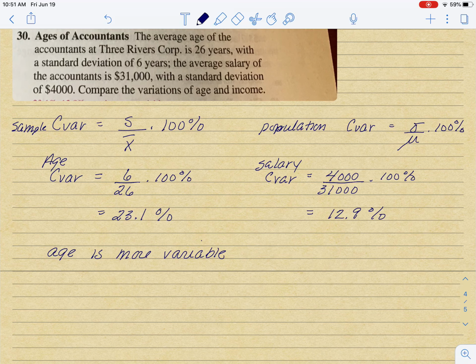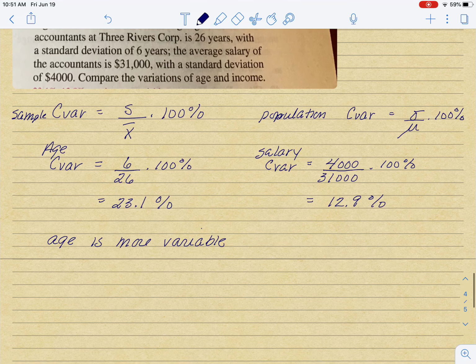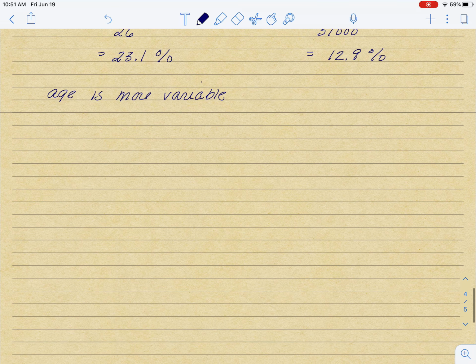The next thing that we want to cover right now is what's called the range rule of thumb. So the rule of thumb for standard deviation is what it's really called.